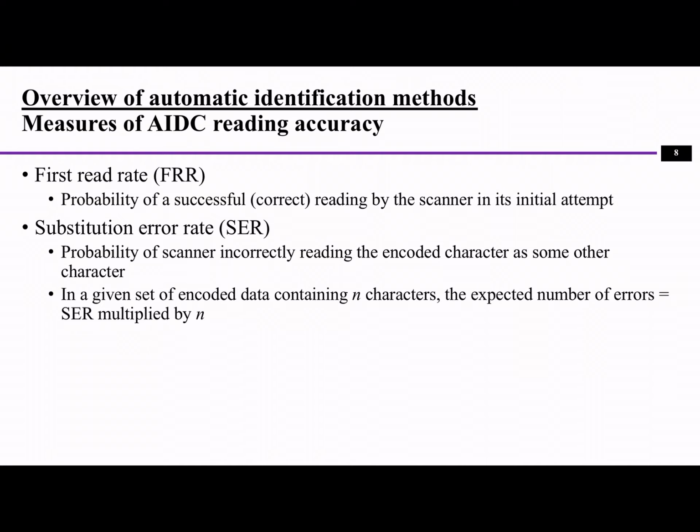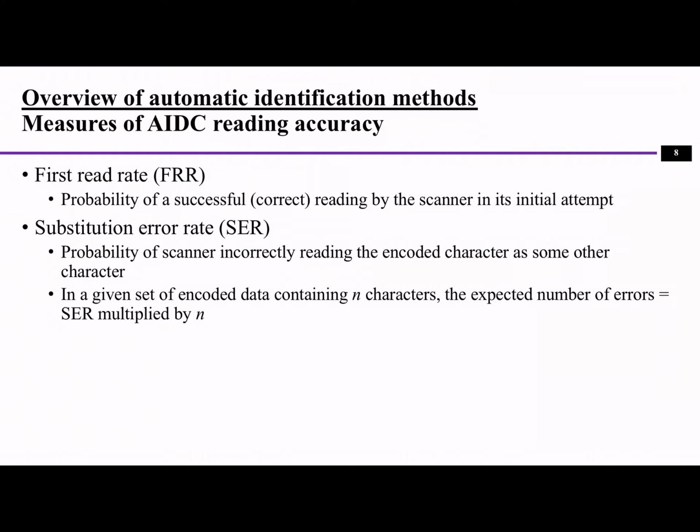The second one is the substitution error rate. Substitution error rate is the probability of the scanner incorrectly reading an encoded character as some other character. So it is reading wrong information.